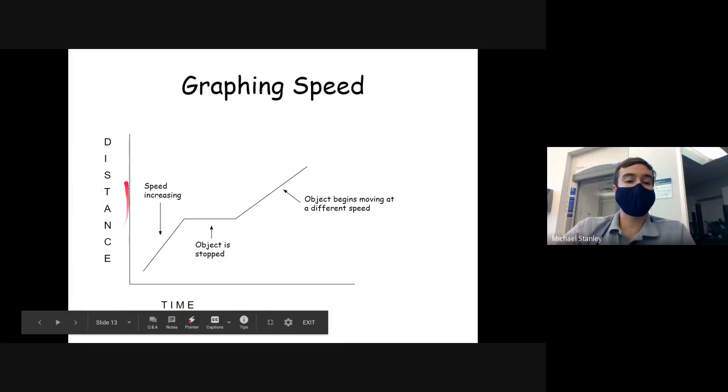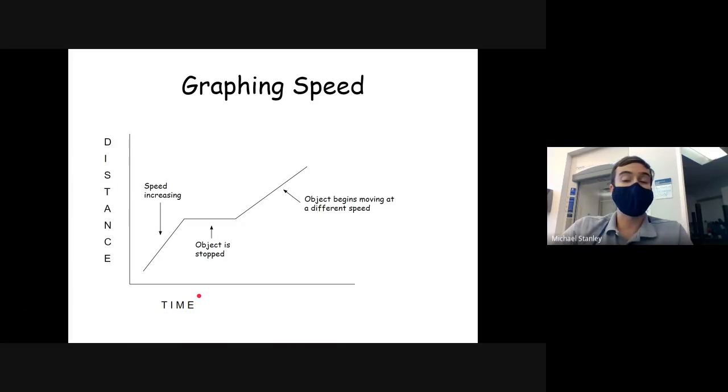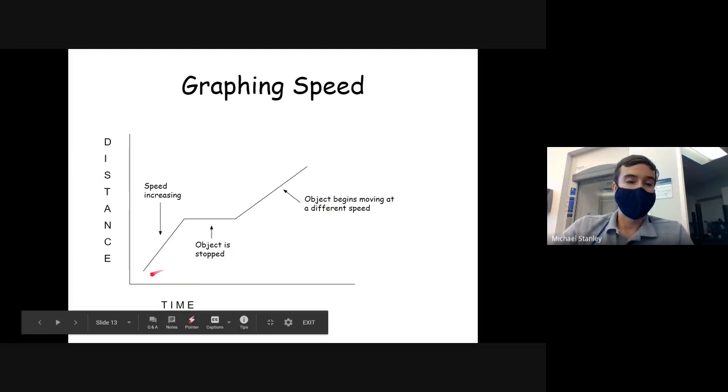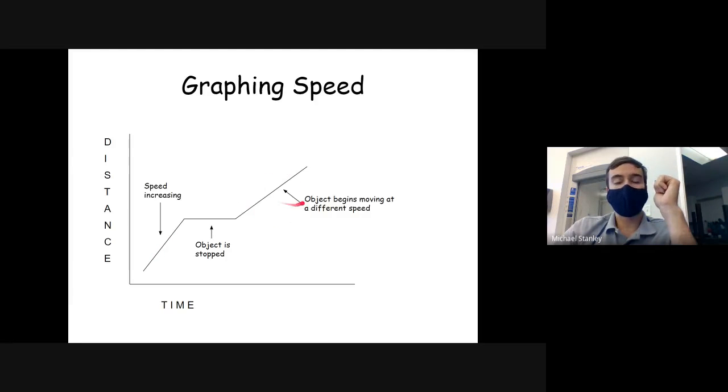If you look at a graph that has distance and time on it, that means they're graphing the speed of some sort of object. Maybe it's moving quickly and it has a steep slope. Maybe it's moving more slowly and it has a more gradual slope. Or maybe it's stopped, in which case its slope will be totally flat, since the distance doesn't change when something is not moving.